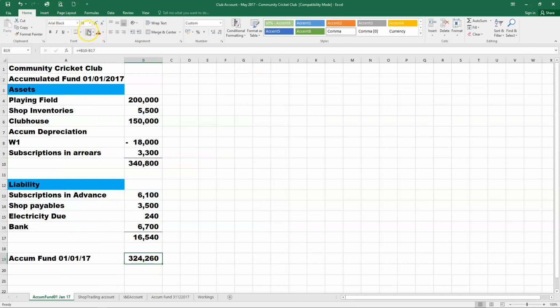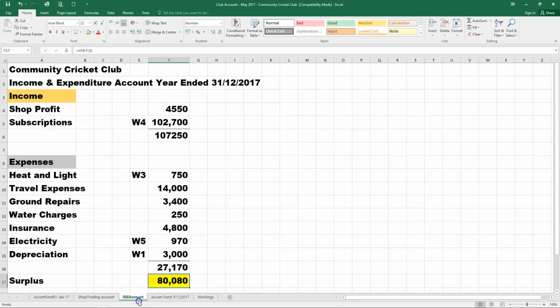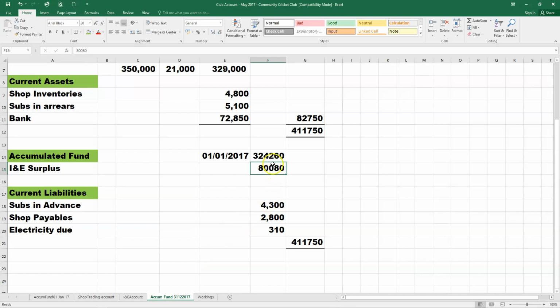We've €324,260, which I'm transferring in here now to my accumulated fund, plus my surplus from my income and expenditure account, and that's coming from here, the €80,080. Okay, and we add both of them together. So we have 324,260 plus 80,080, which gives me 404,340.